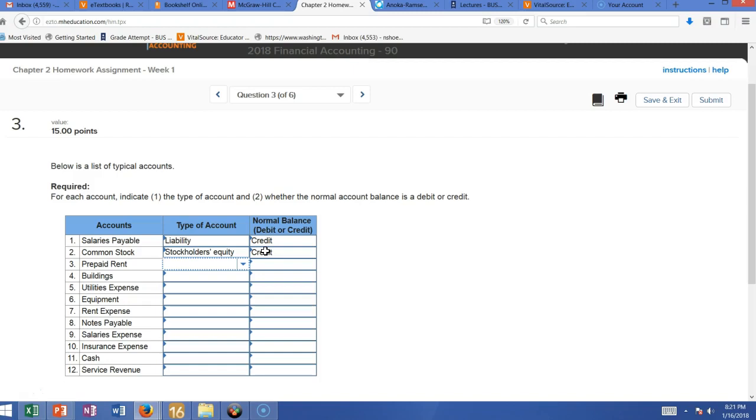Yes? In case I forget what type of account that is, do you know what page of the book lists that? So we are in chapter 2, and in chapter 2 it tells us about assets.